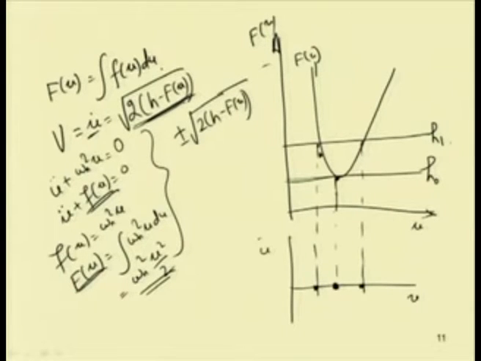One value I can put here and the other value here. Similarly, corresponding to other points I will have two more values, and if I go on finding the velocity corresponding to different values of u along this line, I can have a curve. I will have two values corresponding to each point, and so I will have a closed curve.